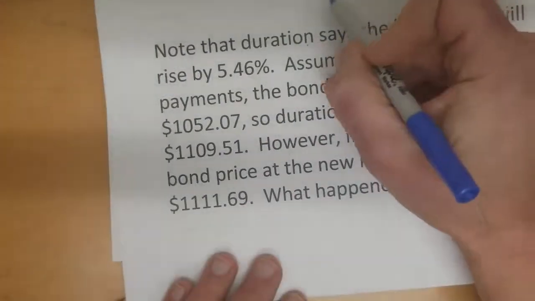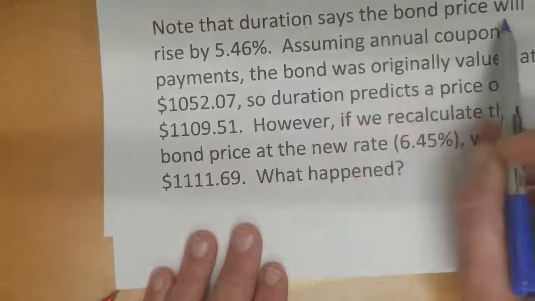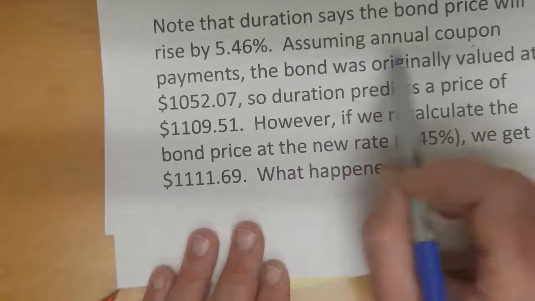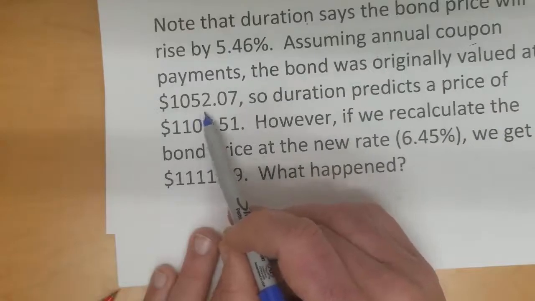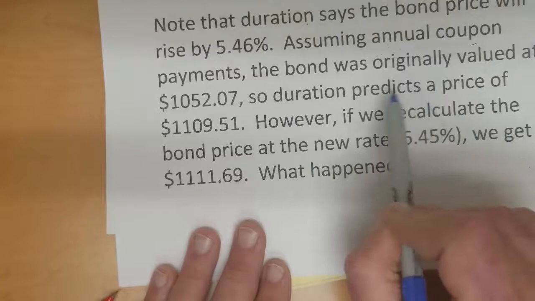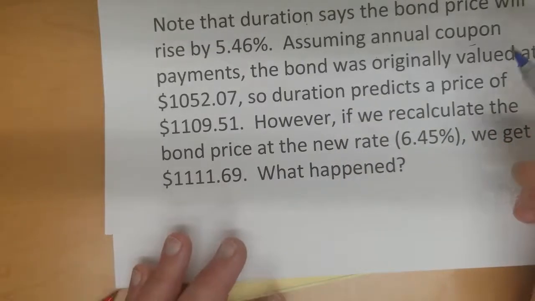and let's not pay attention to convexity here, but note the duration says the bond price will rise by 5.4%. Assuming the annual coupon payment, the bond was originally valued at 1,052.07. So duration predicts, and in this case, they're talking about modified duration.